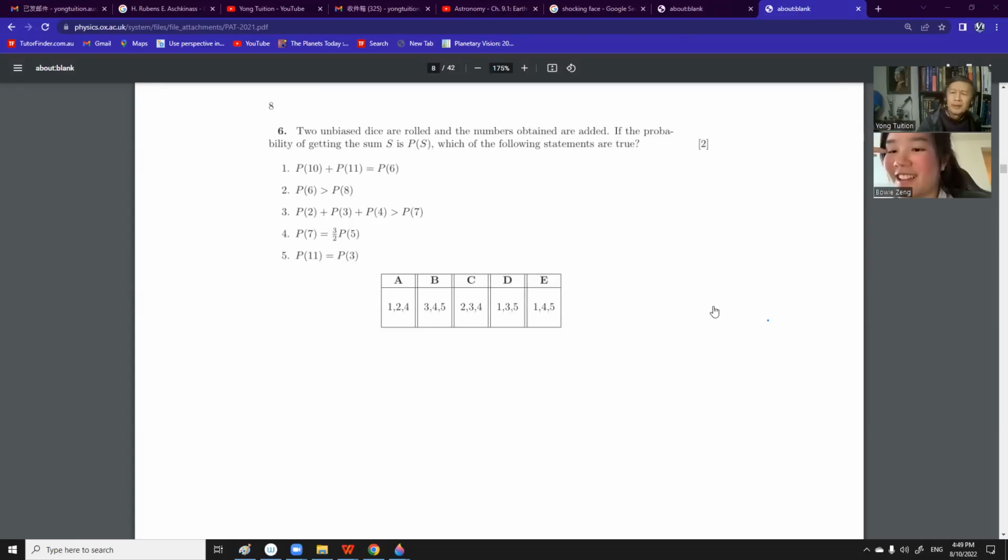I think if you see this table, it would be helpful. It's particularly for 2 unbiased dice and for the sum. I just moved the table here.